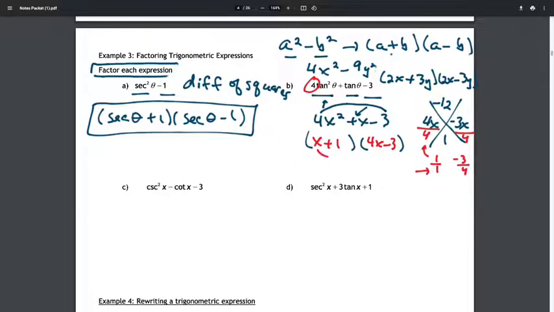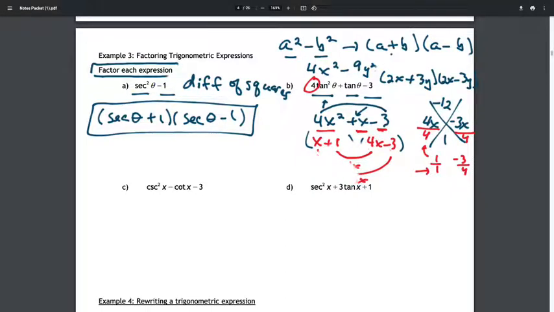When you multiply x times 4x, you get 4x squared. When you do 1 times negative 3, you get negative 3. When I do this, I get 4x, and when I do this, I get negative 3x, and they combine to be that middle term, the positive x. So those are my factors.